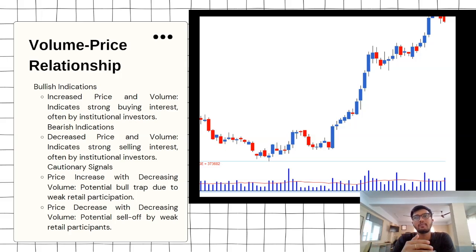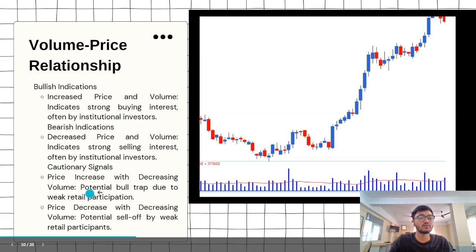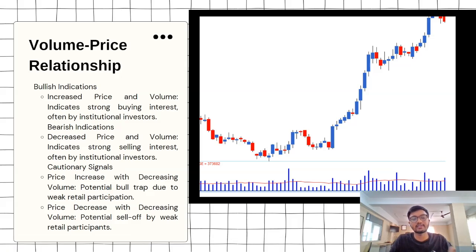The big players are slowly selling the instrument, and because the retailers are trying to buy, it just goes slowly up. Imagine a scenario where, as soon as the retail investors or traders get trapped in, the big players sell the instrument very harshly.